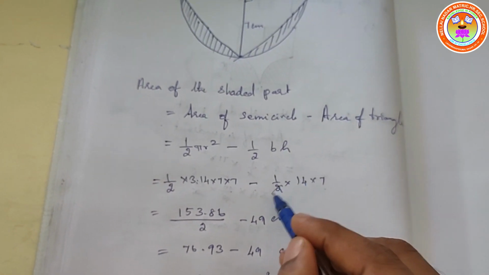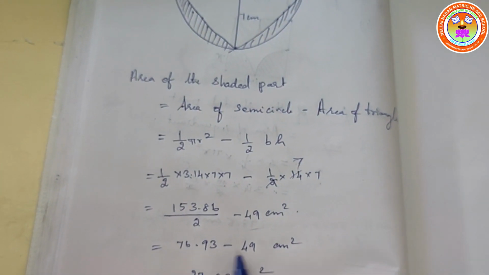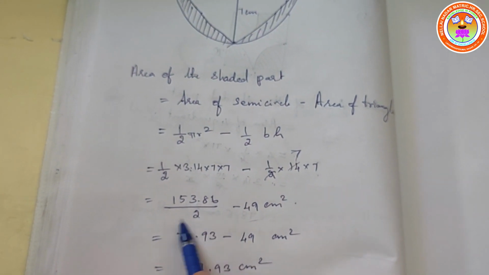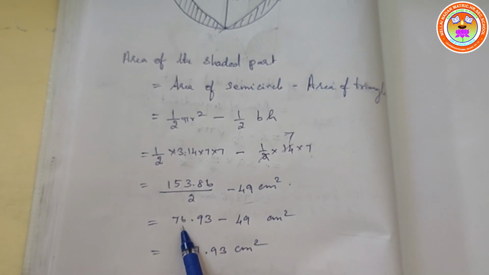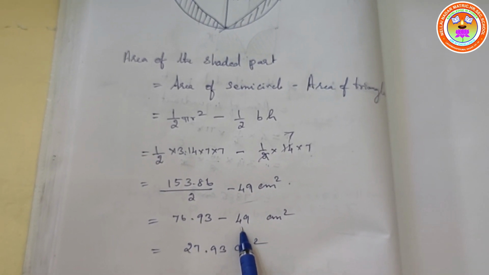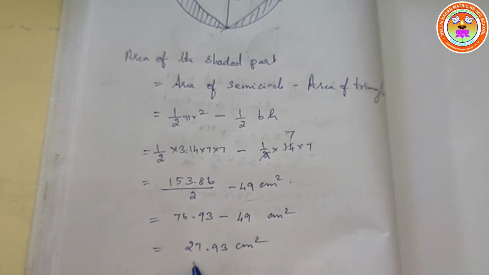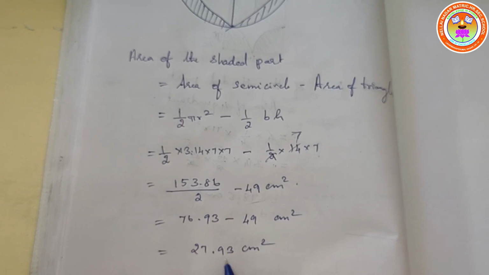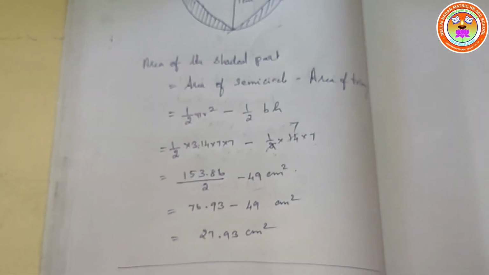Here 2 and 7 get cancelled, 14 gets cancelled, 7 7s are 49. If you cancel the 2, you will get 76.93. Subtract 49 from 76.93, and 76.93 minus 49 is 27.93. I am going a little fast to complete the question.